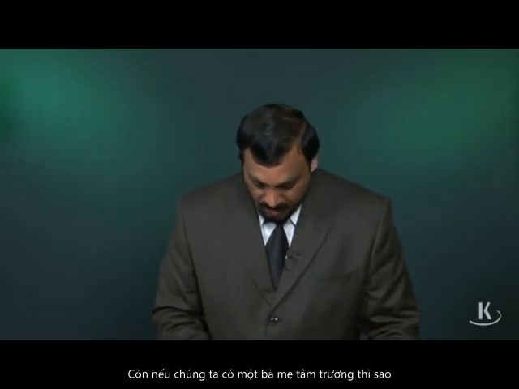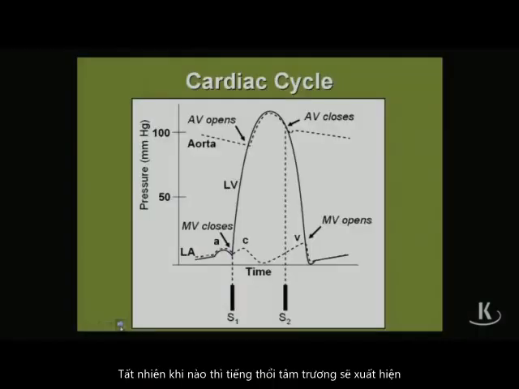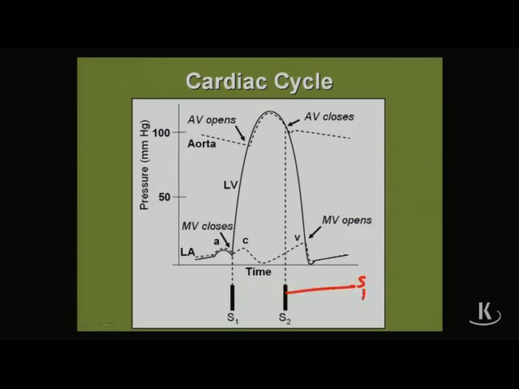What about if we have a diastolic murmur? Of course, when would a diastolic murmur occur? A diastolic murmur would occur between S2 and S1. So what will this look like?